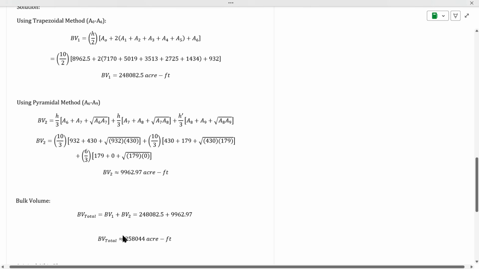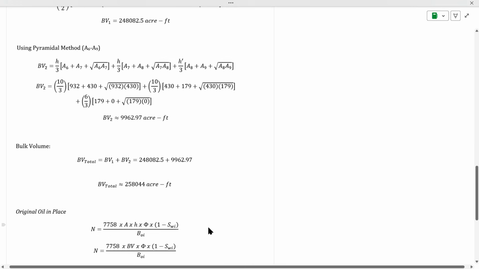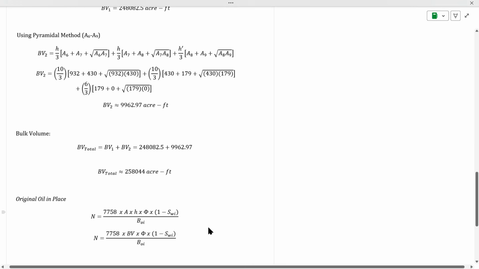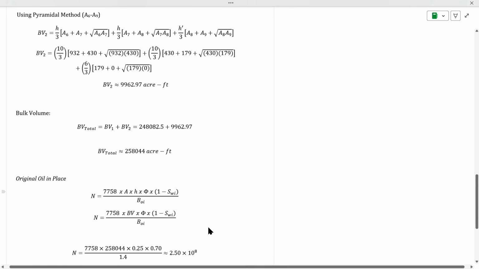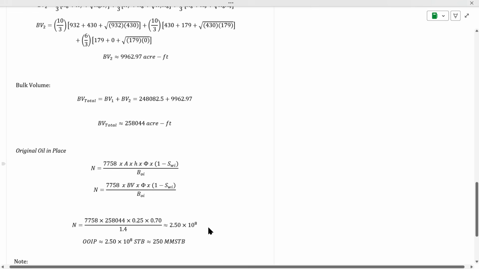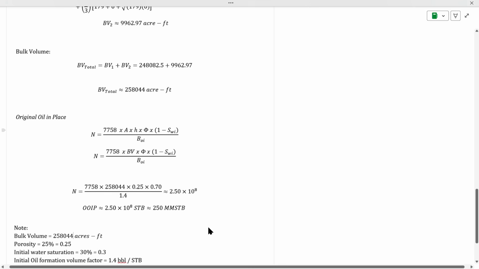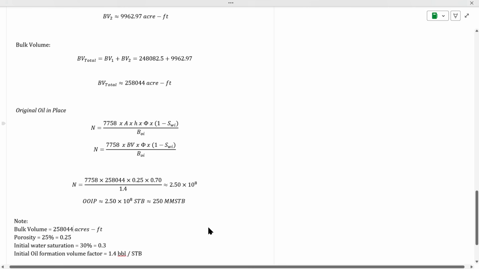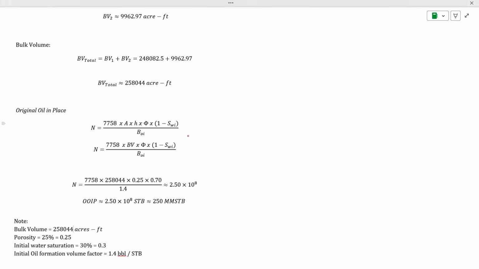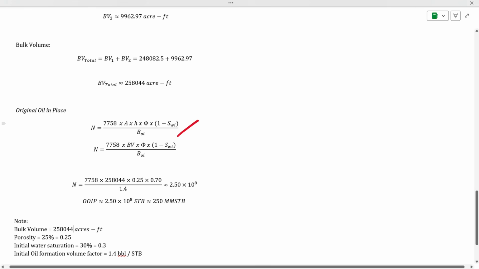Now, using that information, the total bulk volume, we can proceed to calculating the original oil in place. Take note of the formula. Using this formula, just simply substitute all the parameters.